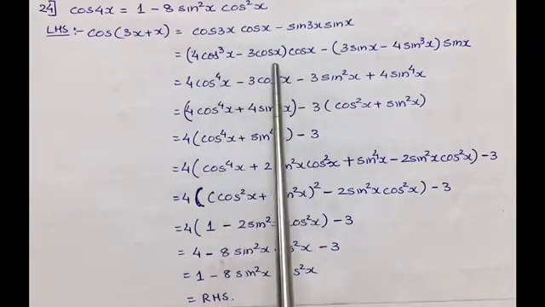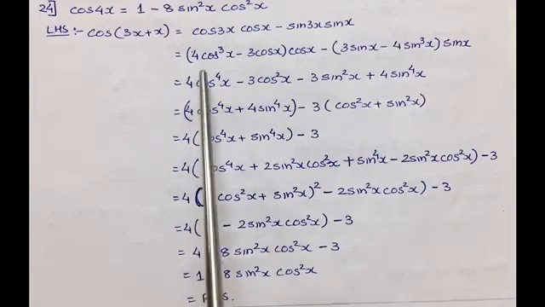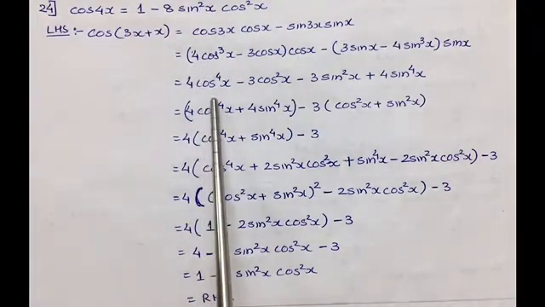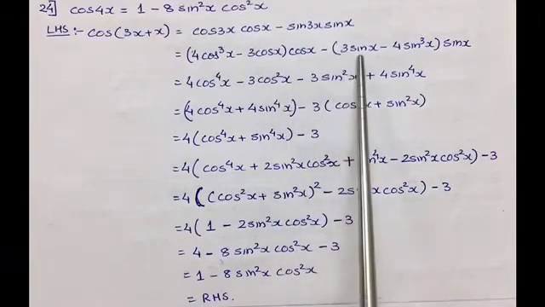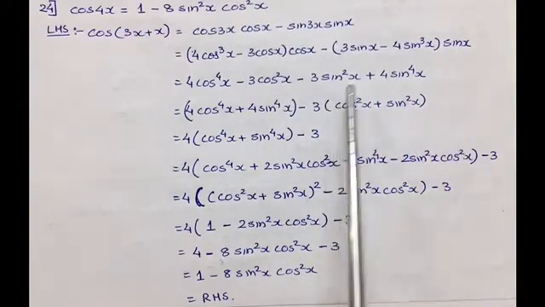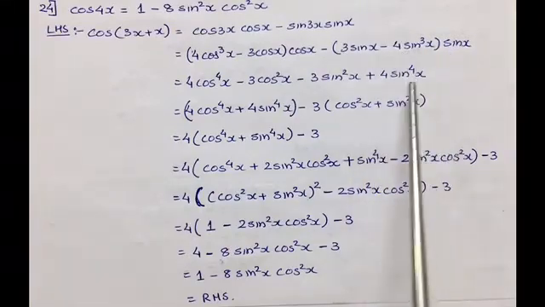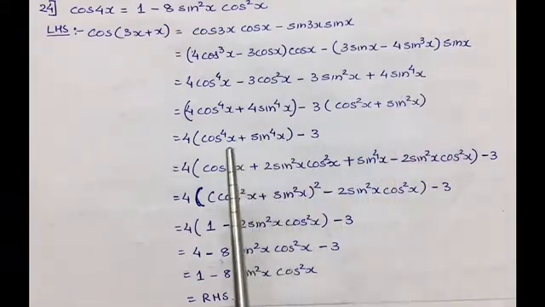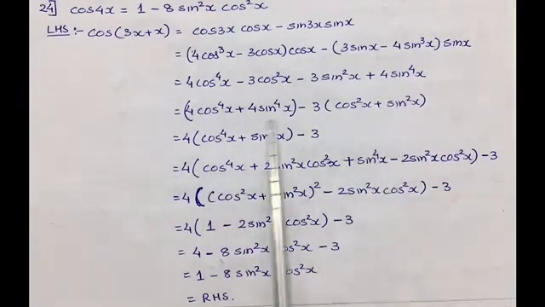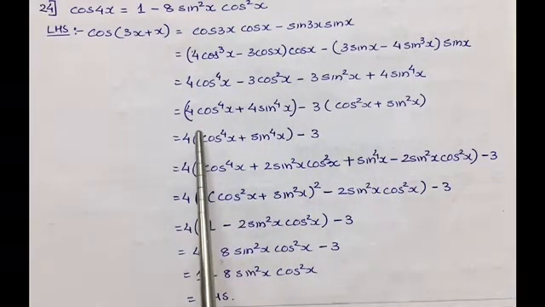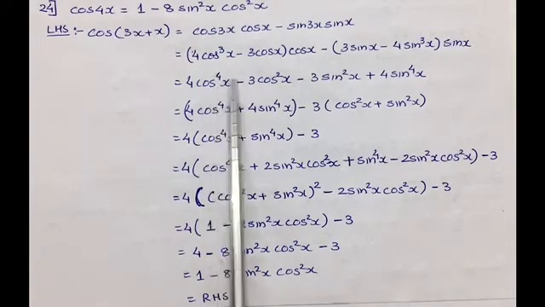Opening the bracket, multiplying cos with both, multiplying sine with both, we get 4 cos raised to 4x minus 3 cos square x minus 3 sine square x, minus minus plus 4 sine raised to 4x. Now after expanding it, we will be combining the terms which have the same degree.